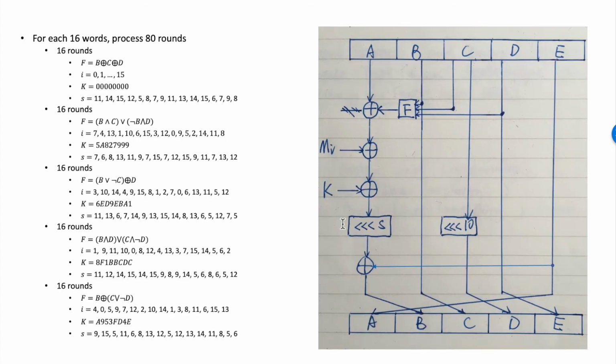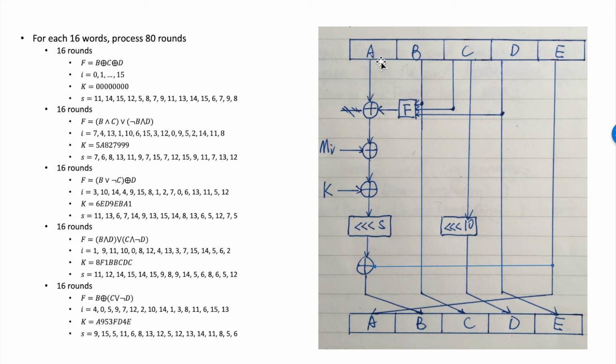For each group of 16 words, we're gonna process 80 rounds. This 80 rounds consists of five groups of 16 rounds, and for the first 16 rounds, the process will be like this.